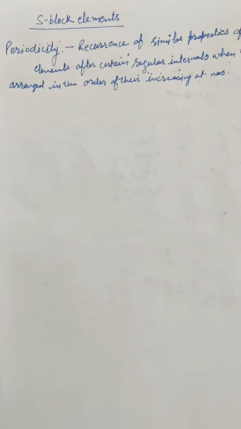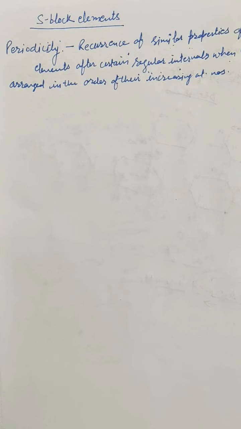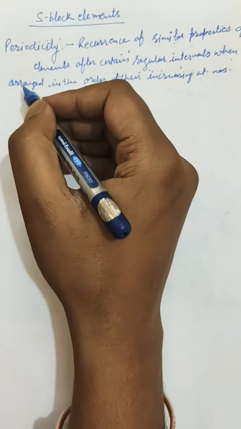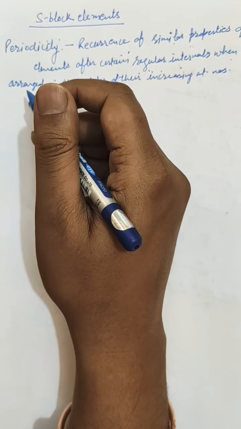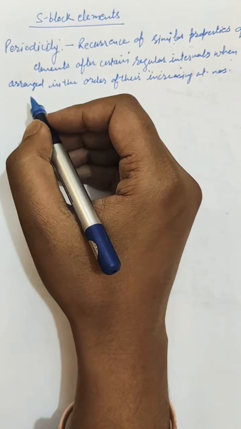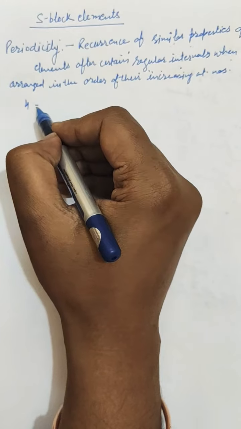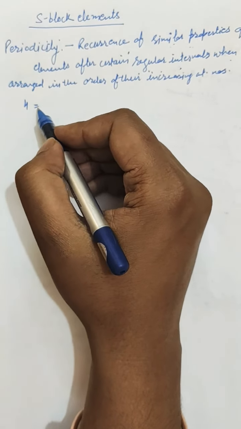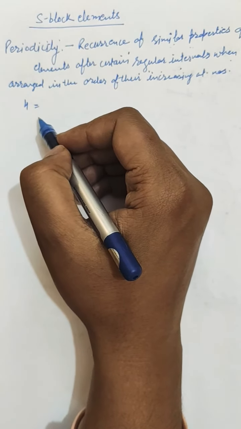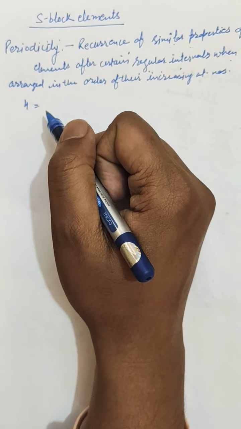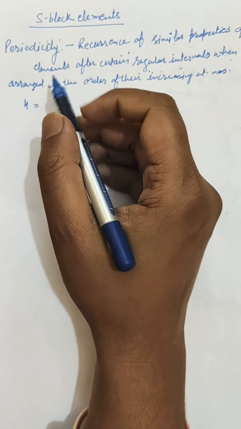Next is the cause of periodicity. The periodicity of the properties of elements is due to the repetition of similar electronic configuration of the elements' atoms in the atomic energy shell after certain regular intervals. It means that this is why these properties are repeated after certain fixed intervals. Whenever we write the electronic configuration of an element, we follow certain fixed rules like Pauli's exclusion principle, Hund's rule of maximum multiplicity, and the Aufbau principle.